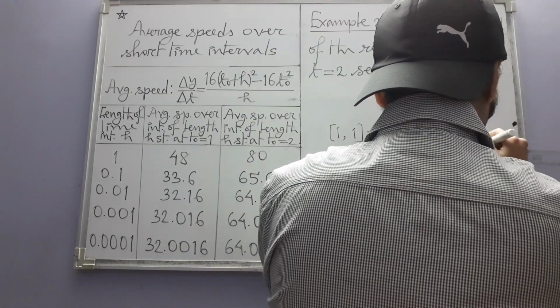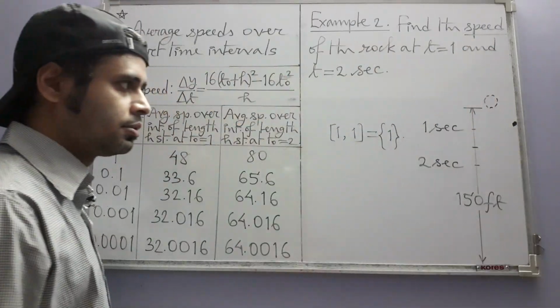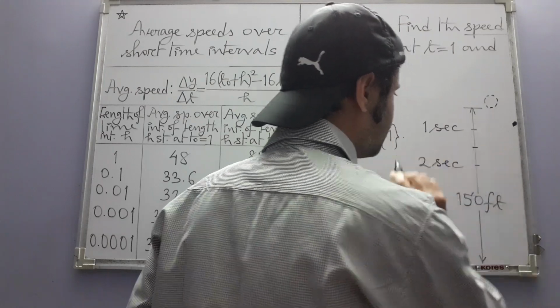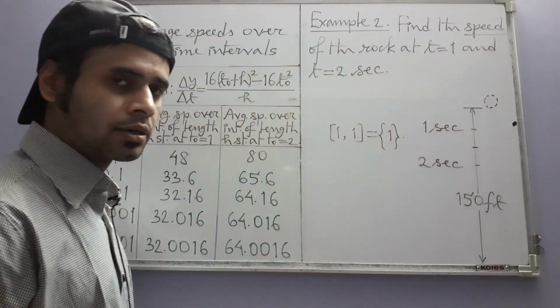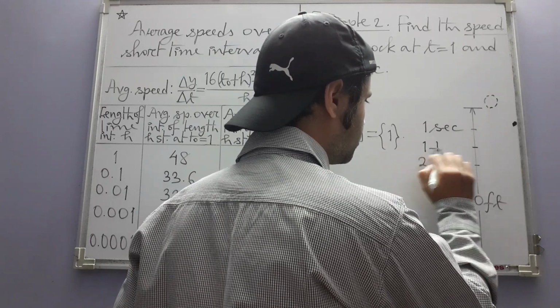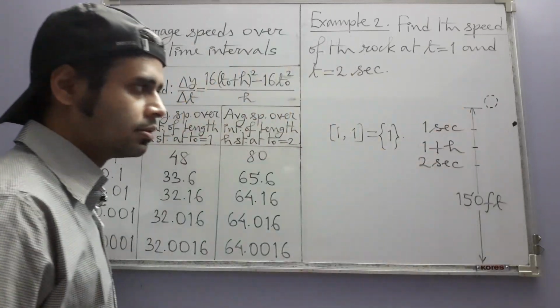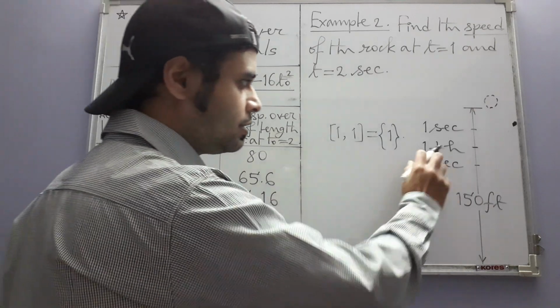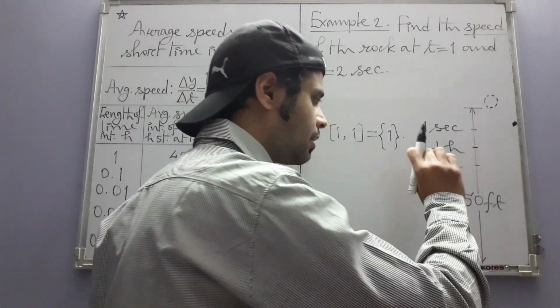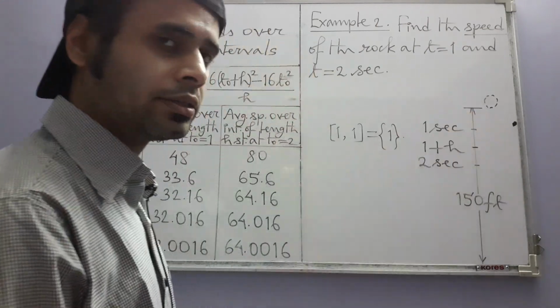Say we consider one time interval whose one boundary is this 1 second mark, and the other boundary is some 1 plus h seconds, where h is some positive real number. So we will have an interval of time like this.